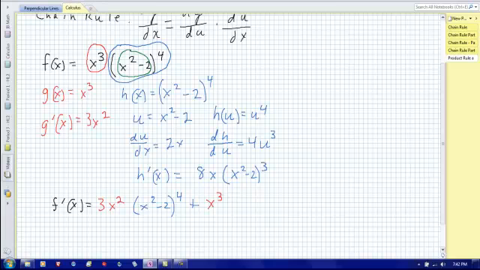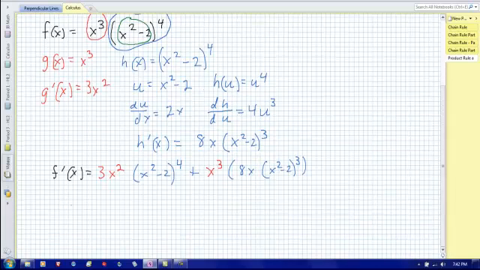Let me go ahead and write that out. So that was 8x times x squared minus 2 cubed. We'll close the paren. Alright, now we'll scroll this down.